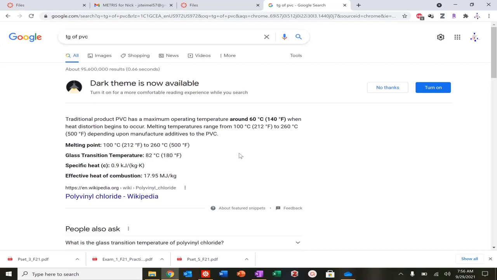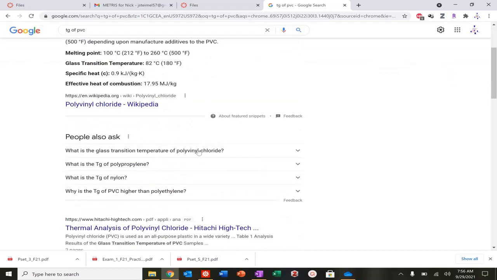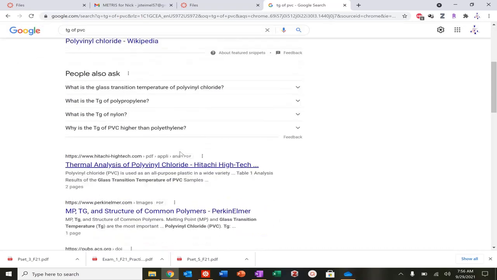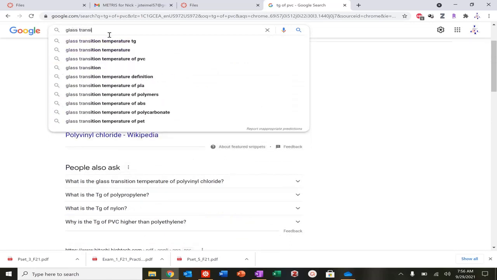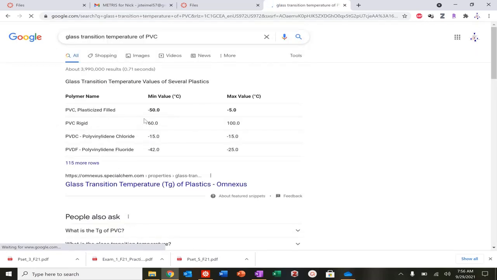So if I look at PVC, there's some different values. Let's look at actually. So yeah, PVC, I usually see around 60C. So my Tg is at 60C.